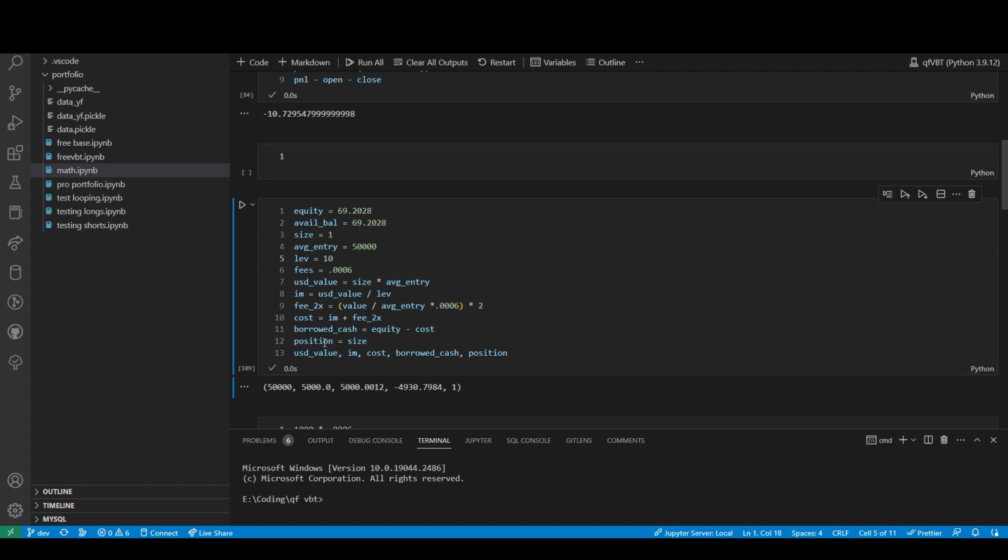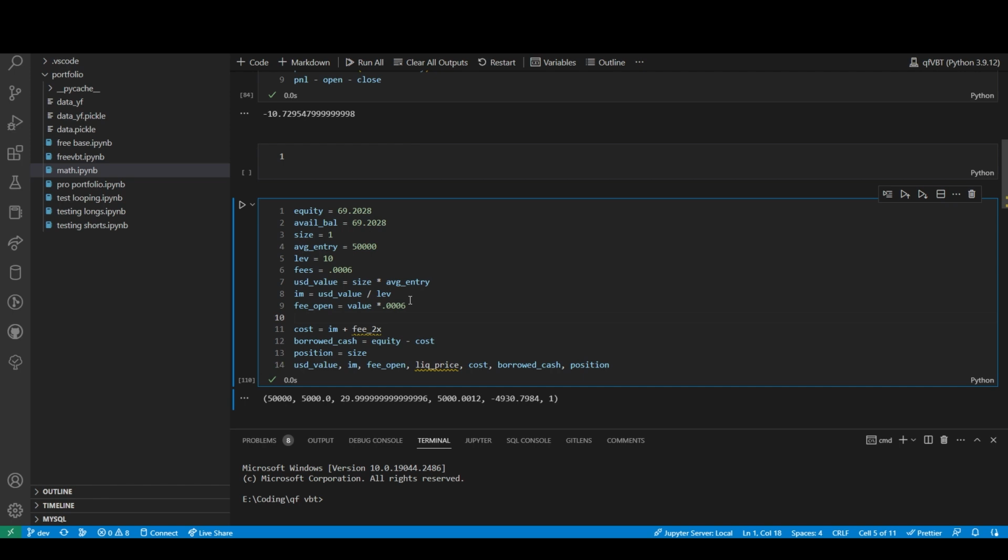Fee to open position. Order price? What is this about?